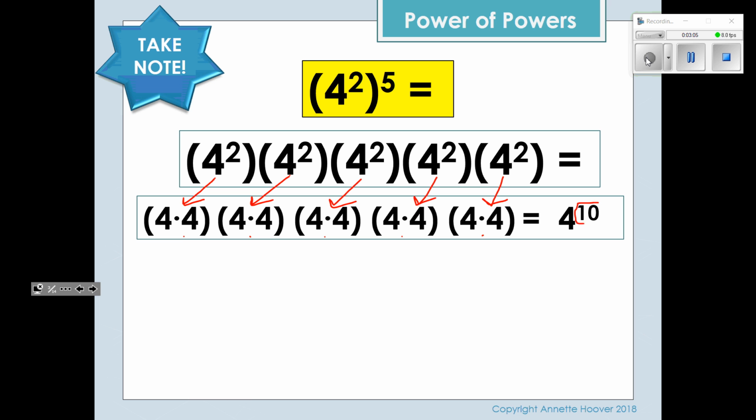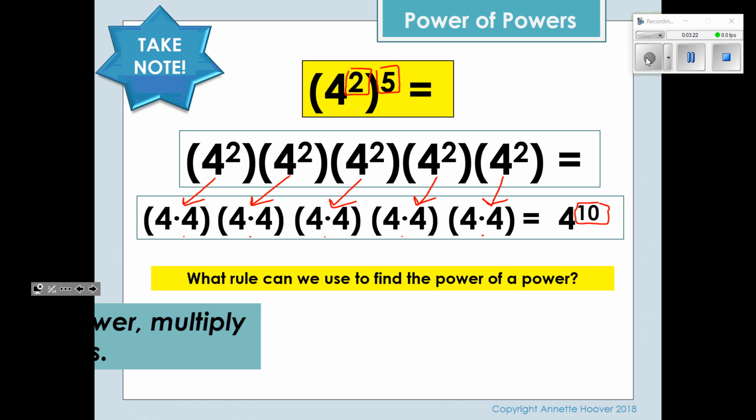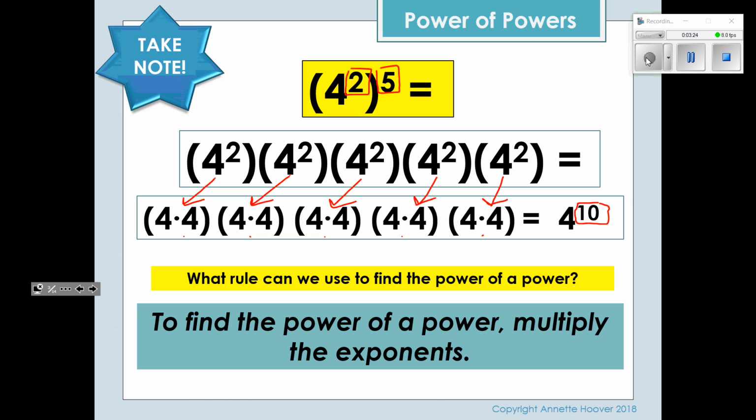We get the exponent of 10. Notice what happens here. 2 raised to the 5th power: all you had to do was multiply the exponents. So when we have power of powers, we are going to multiply the exponents.